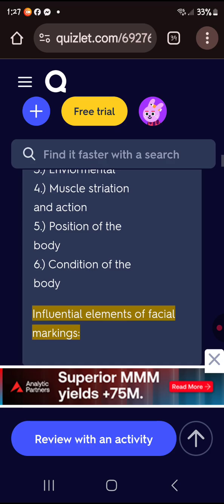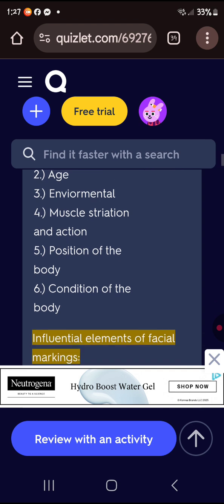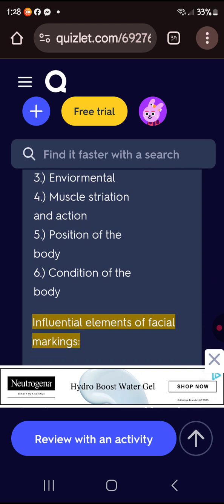So hereditary: if your mama was wrinkly, you'll be wrinkly. Age: you get old, you get wrinkly. Environmental: if you roast yourself like a rotisserie chicken in the sun 24/7, you get wrinkles, right? Everybody knows that.